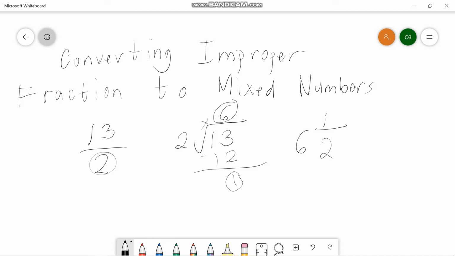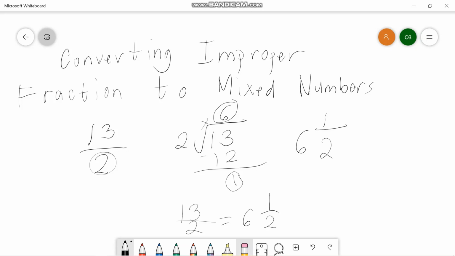We can say that 13 halves is equal to 6 and 1/2. Or you can just do it mentally. 13 divided by 2 is 6. How many is the leftover? There is 1 left over. Then just copy the denominator. 6 and 1/2. Is it clear?